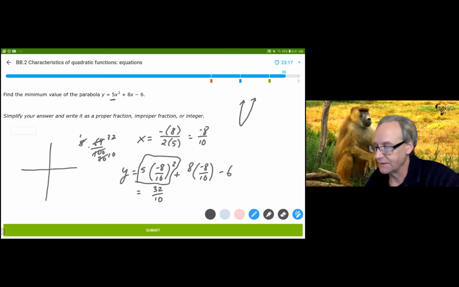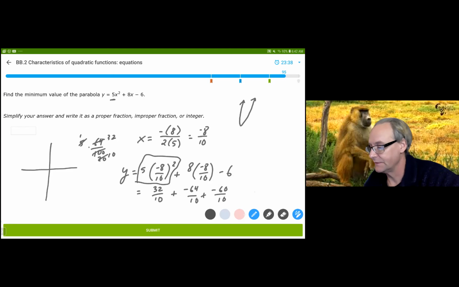I could have gotten 16 over 5, but I find that it's easier to just leave common denominators alone when you can. Now, I have 8 times negative 8, which is negative 64 over 10. And I have a negative 6, which is negative 60 over 10.